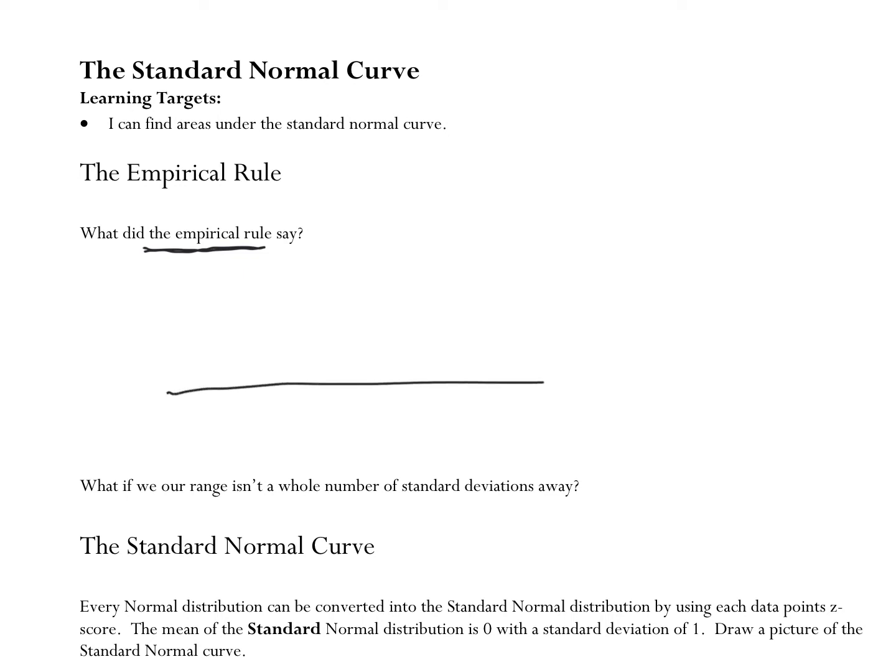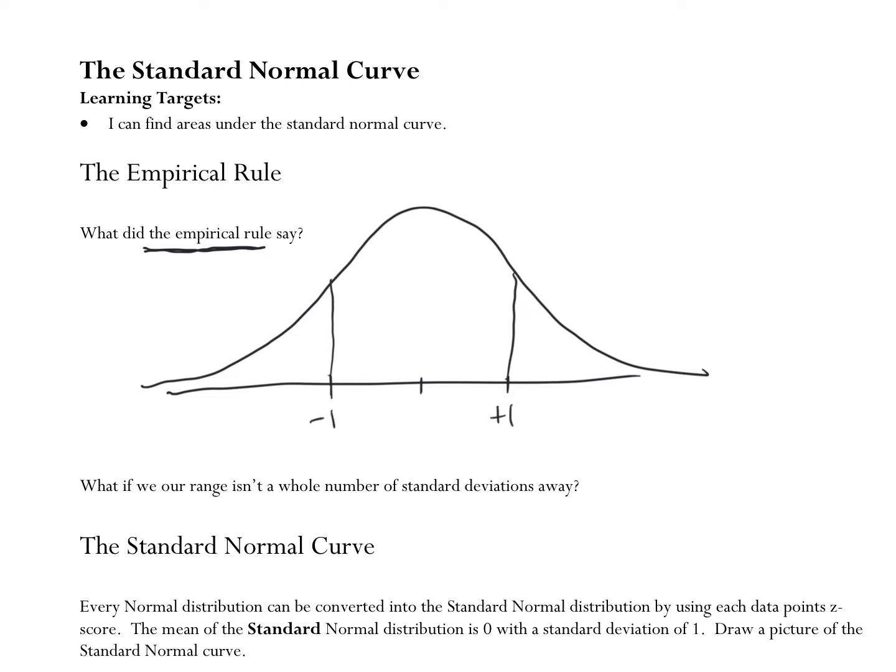Yep. All right, so I'm going to draw a normal curve. Right? And we said if I go one standard deviation on each side of my mean, are you guys cool if I call this a positive one and this a negative one, so it's one above the mean and one below the mean? Is that okay?